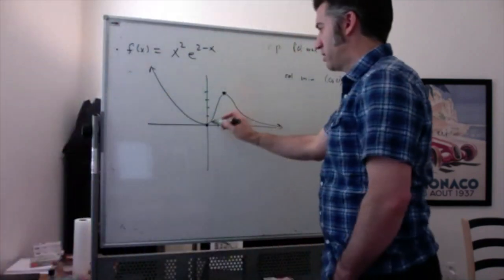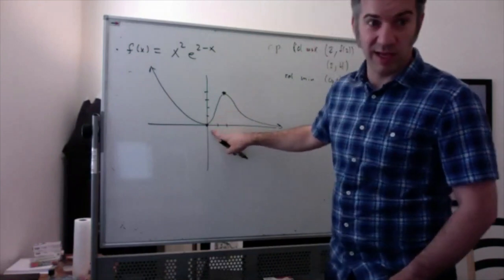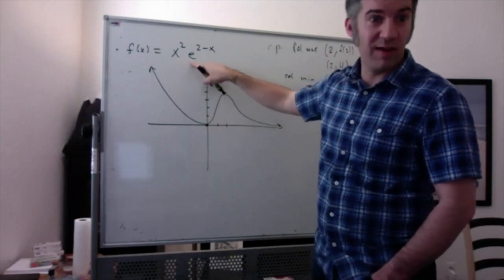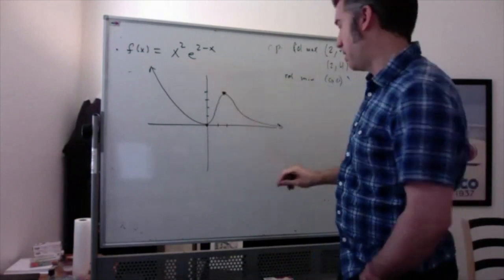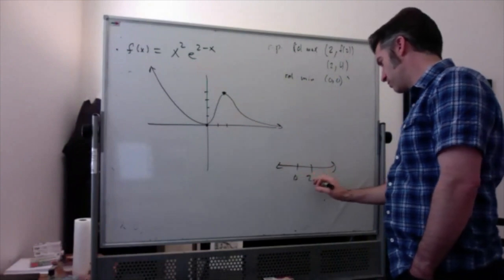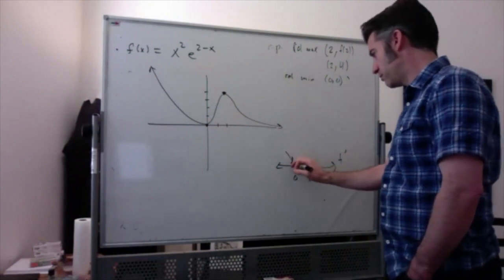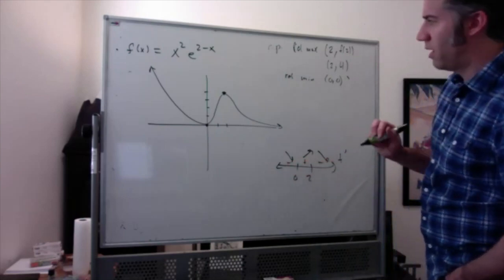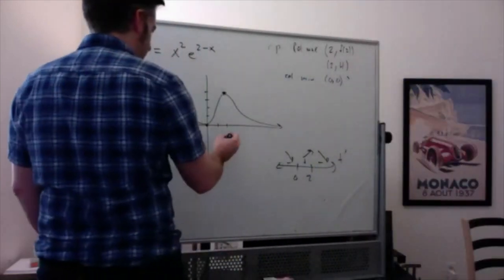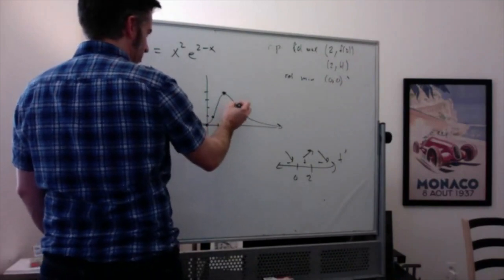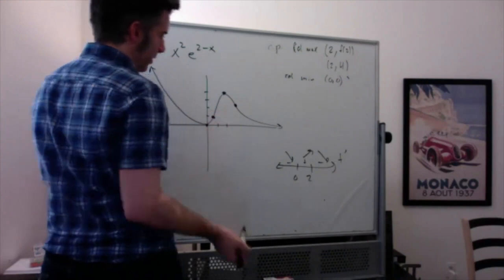There's my relative max, there's my relative min. This is the only x-intercept, right? If x is 0, you get 0. There's no other way this will equal 0. And remember, here's the sign chart for my first derivative. Negative, positive, negative. And then we have inflection points, right? There's an inflection point at 1 minus a number and at 1 plus a number. Those are my inflection points right there.